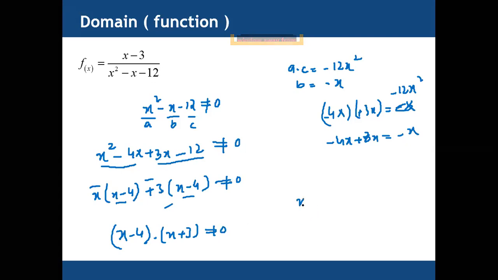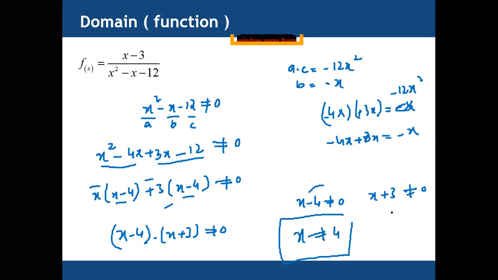So first one, x minus 4 is not equal to 0, and x plus 3 is not equal to 0. These two conditions are possible. If you transfer minus 4, x is not equal to plus 4. And second one, if you transfer, x is not equal to minus 3.